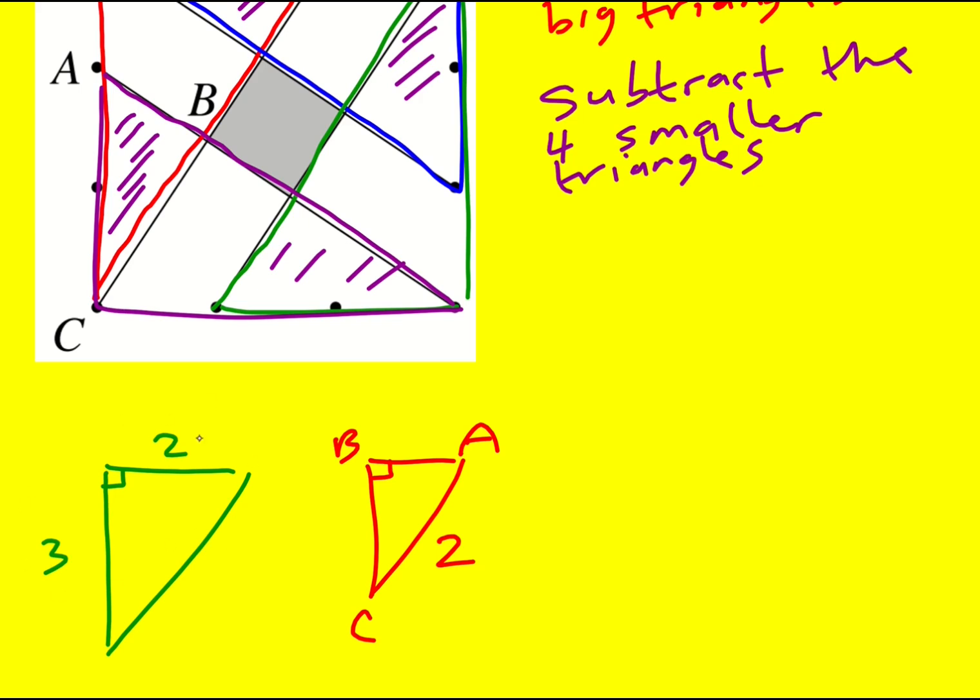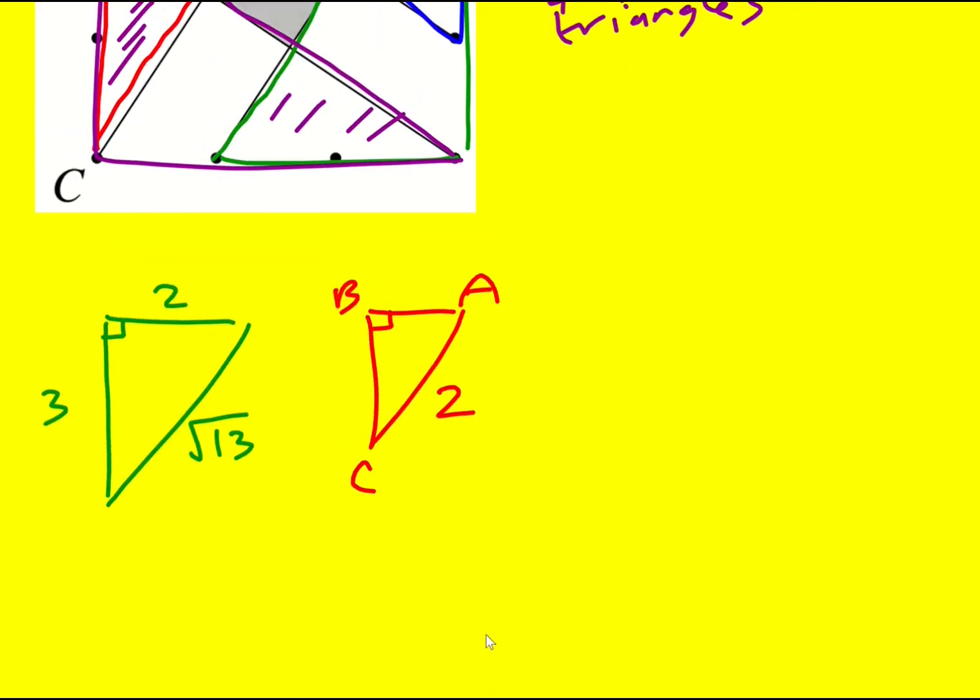I can use Pythagoras' theorem here. 3 squared plus 2 squared, 9 plus 4, 13. This is actually going to be root 13. So my scale factor to go from the large triangle to the smaller triangle is going to be to times by 2 and divide by root 13. This is the length scale factor.